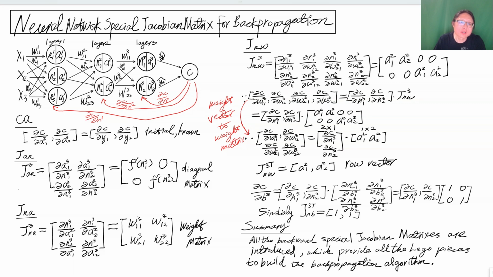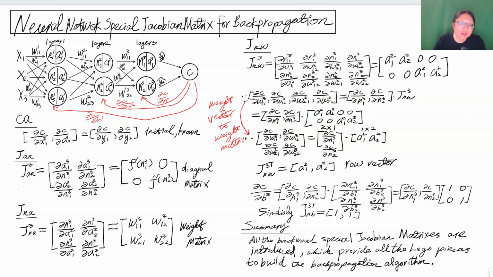Similarly, A32 has nothing to do with N31, so that entry is zero, and it is only related to the net input of the second neuron, so it's the derivative of the activation function there. So this Jacobian matrix is a very easy form.